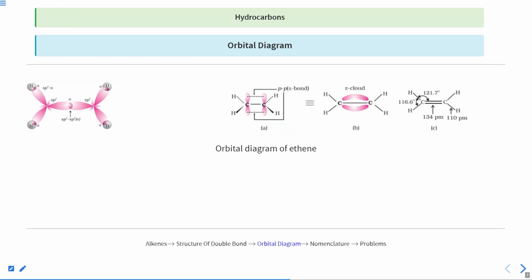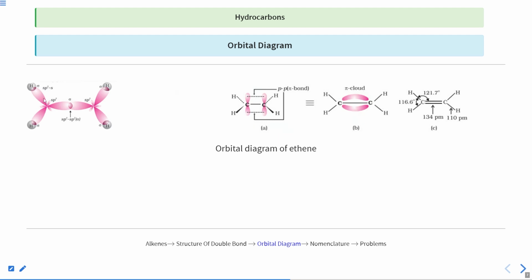Now this is the structure. This would make things clear. See, this is a carbon here, here is a carbon, and here is a carbon. Now we know that this carbon and this carbon are sp2 hybridized.